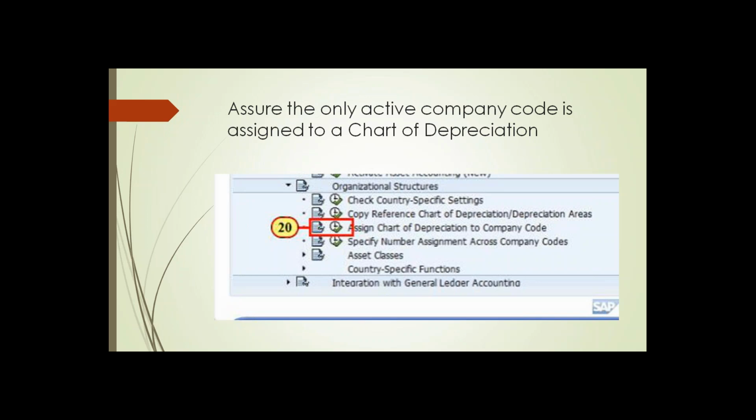So only the company codes you are using in new asset accounting should be assigned to your chart of depreciation. If company codes are just created as a dummy and they are assigned to your chart of depreciation, although I don't think this is the case under the normal configuration, you need to make sure that only the active company codes are assigned to your chart of depreciation.